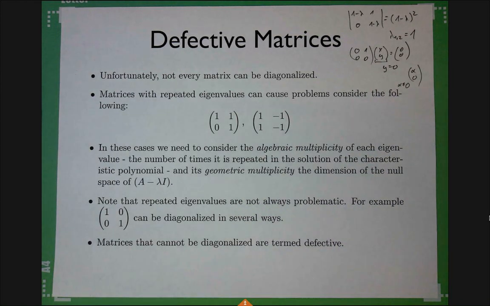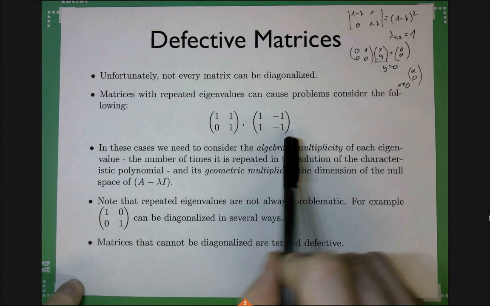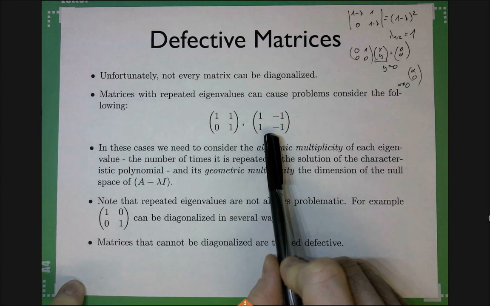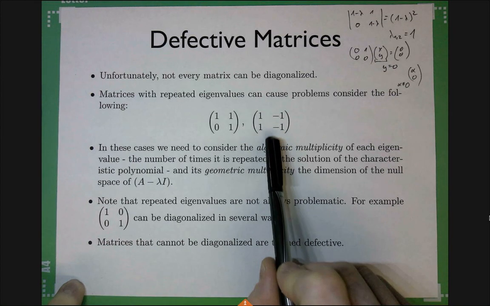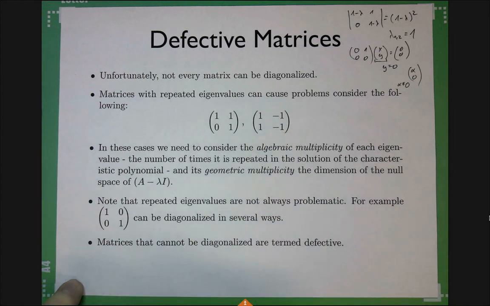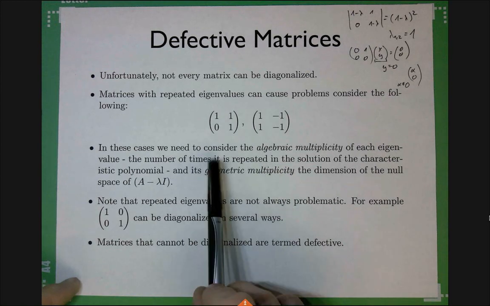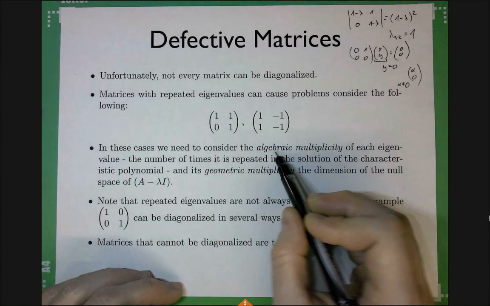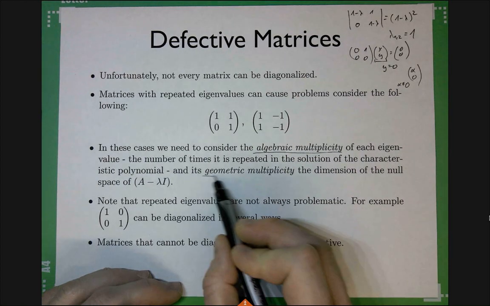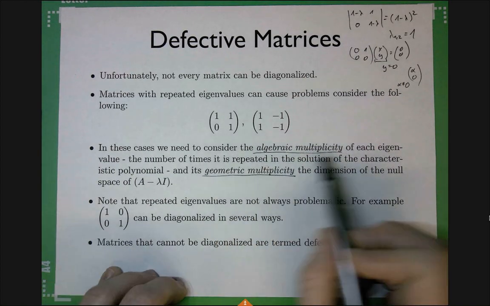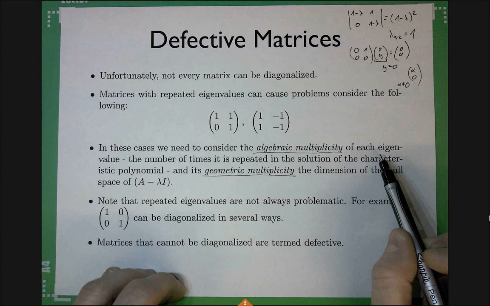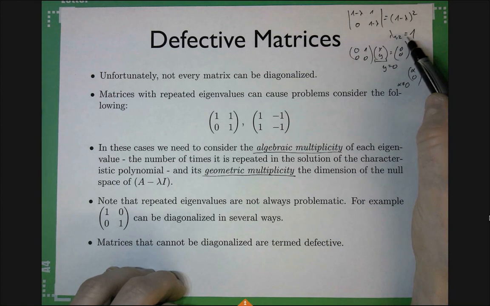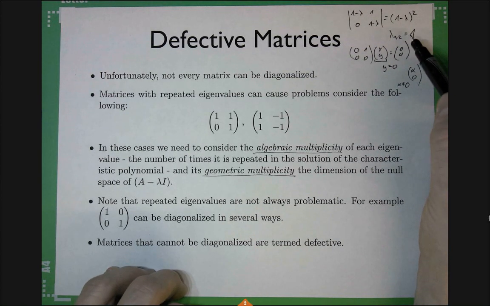The best thing you can do is the Jordan normal form, but we will not go there. This would be another example of a matrix that's not diagonalizable, which does not have enough eigenvectors. Now the problem has to do with the concepts of algebraic multiplicity and geometric multiplicity. The algebraic multiplicity of an eigenvalue means how many times it is a root of the characteristic polynomial.